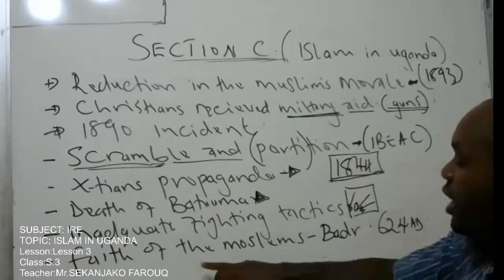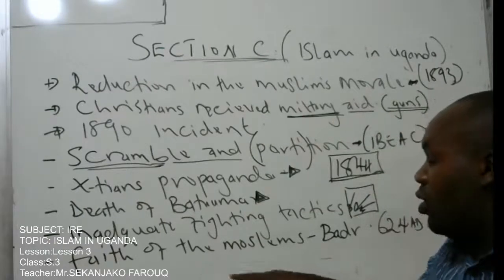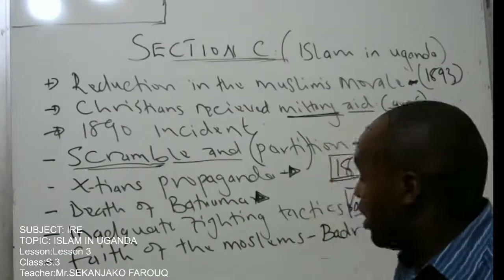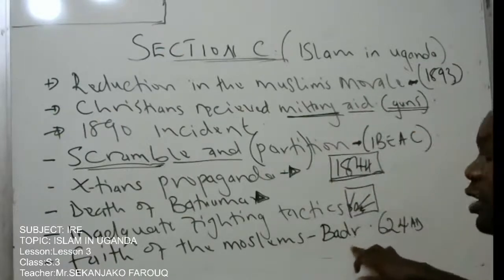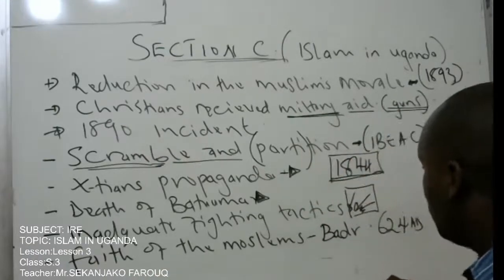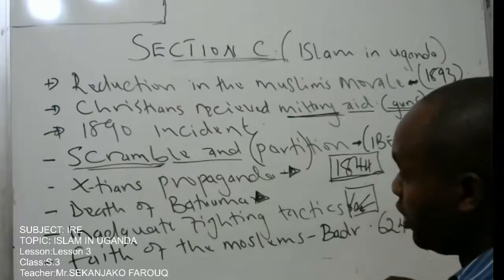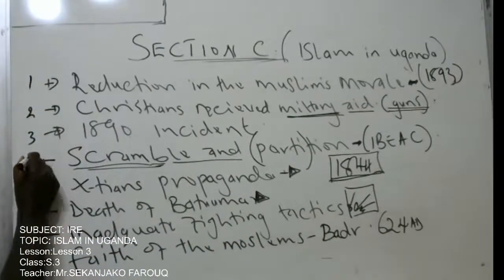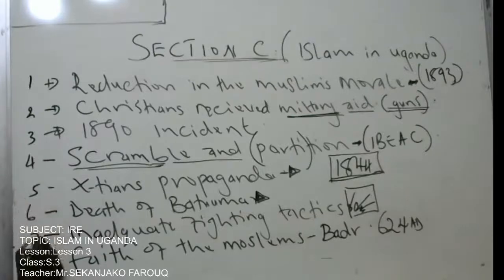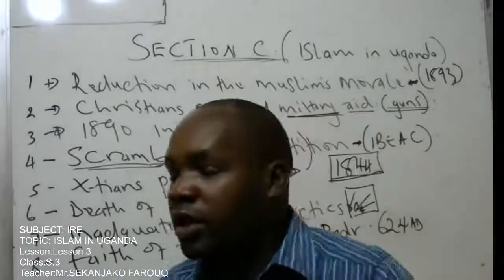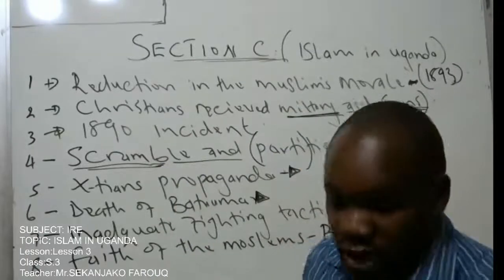So this over-reliance on Allah and not putting in tactics and zeal to fight led to the Muslims' defeat in the political religious wars. So here we have number 1, 2, 3, 4, 5, 8 factors as to why the Muslims were defeated in the political religious wars.